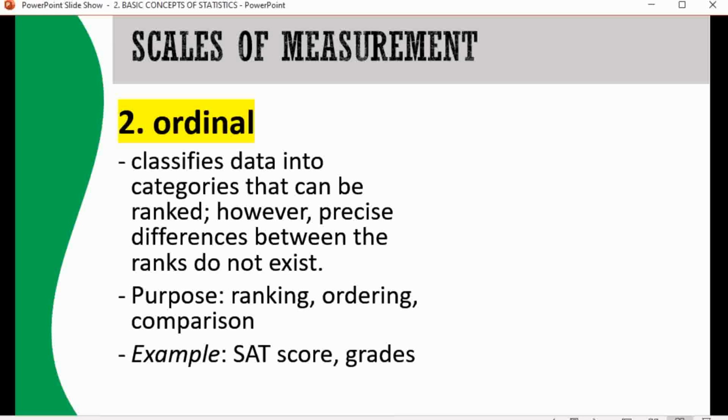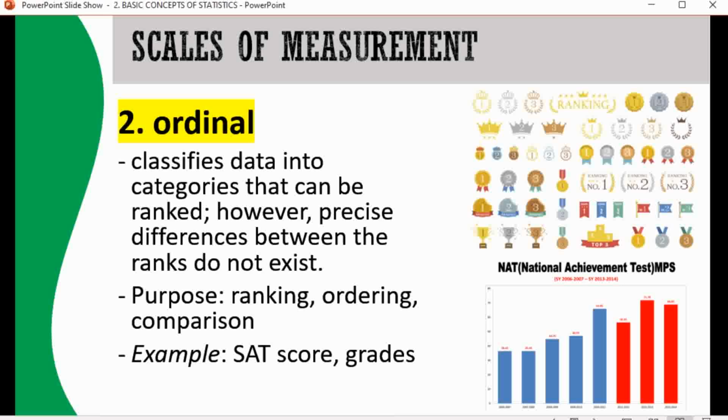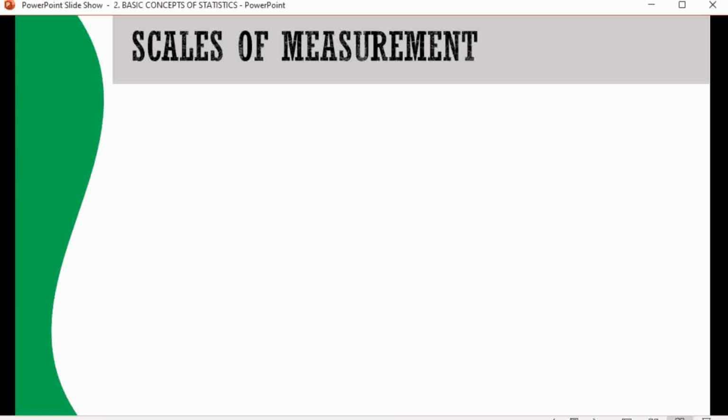Examples here are SAT score and grade, and the purpose of the SAT score and grades is for comparison, for ranking, for ordering, for judgment, if you would like to. Because under the ordinal level, that's the purpose of these numbers, to show the natural order or ranking of things. The other scale of measurement is what we call interval.